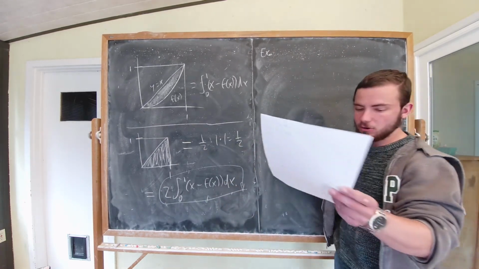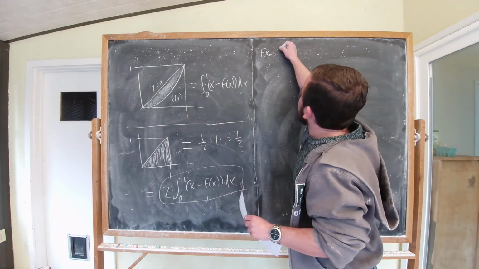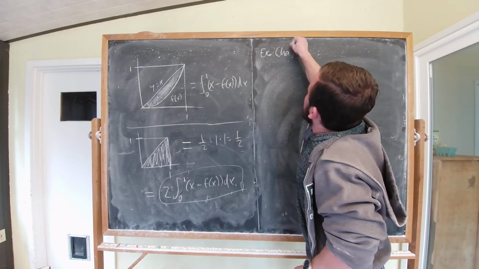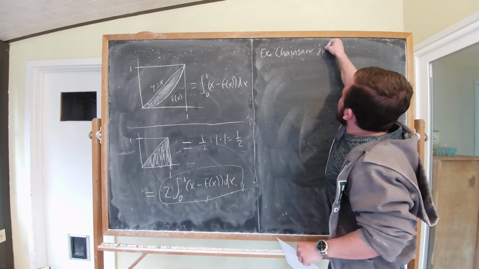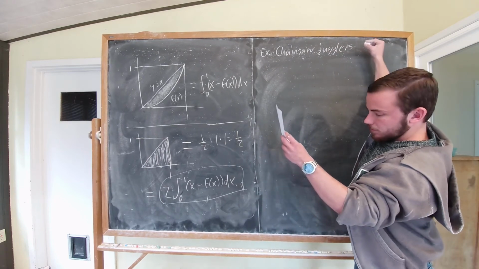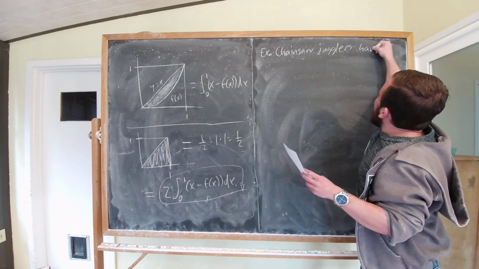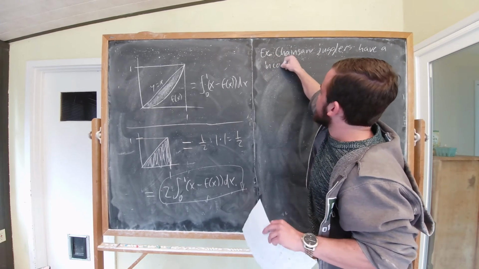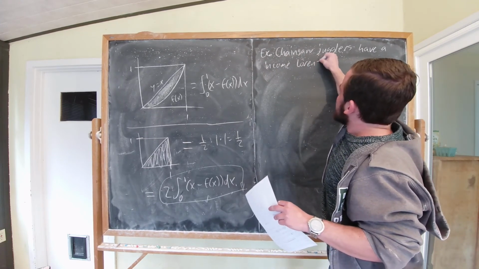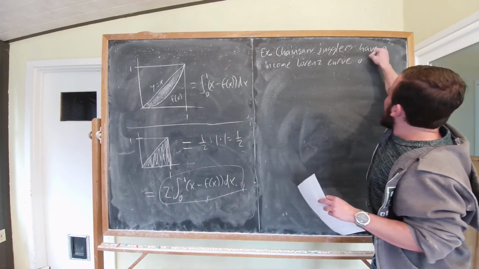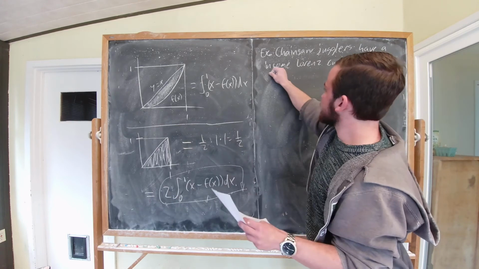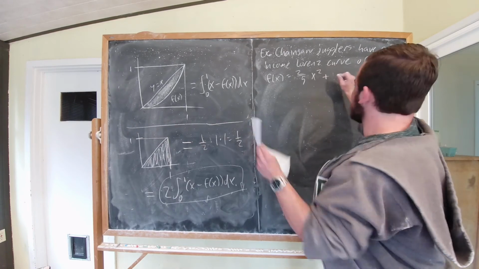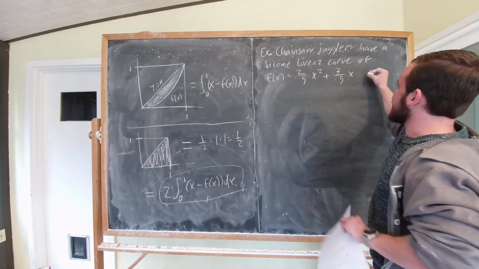I don't know if this is accurate or not, but let's say chainsaw jugglers have an income Lorenz curve of f of x equal to 2/5 x squared plus 3/5 x.